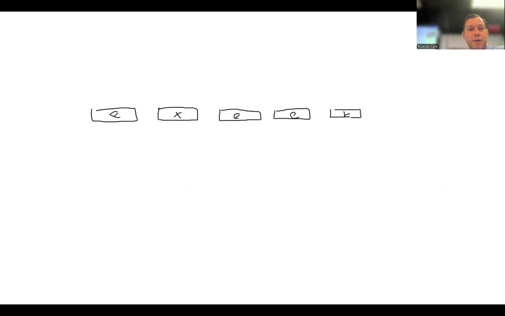Then we have the key block. Now, I guarantee you that key, imagine it's a sequence of bits, is random, guaranteed.